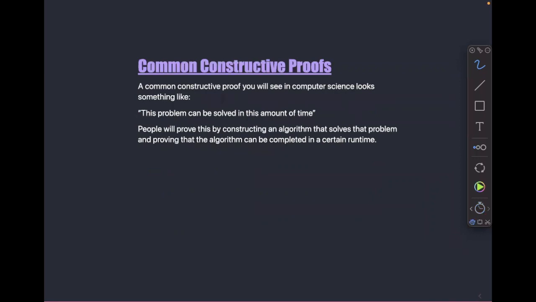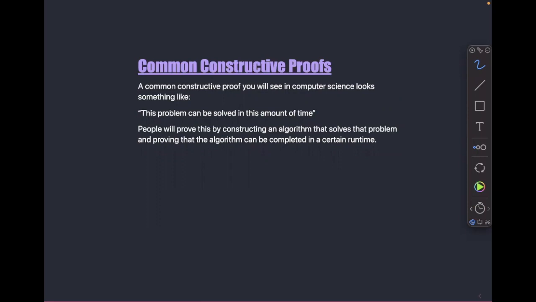In computer science, it'll often be that this problem can be solved in this amount of time, and then you have to construct the algorithm that does it that quickly. Or a self-driving car can be as safe as a human driving a car. That's shown by first building a self-driving car and proving that it is as safe as a human driving the car.